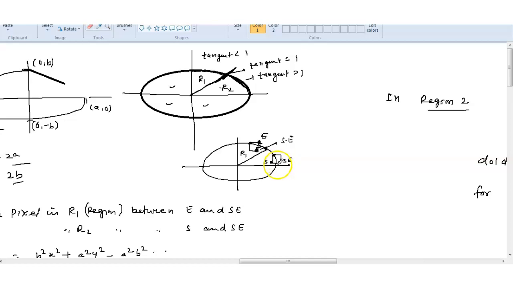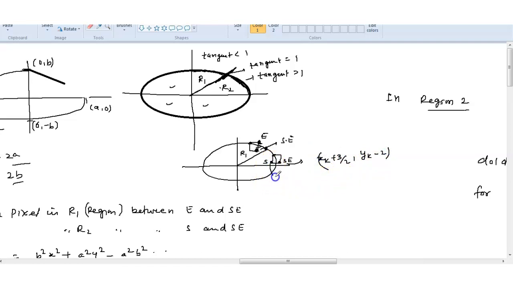Keep in mind, whenever you choose the southeast corner, the coordinate will be xk plus 3 by 2, because one more term is added, half plus 1, and y will be decremented by one step, yk minus 2.